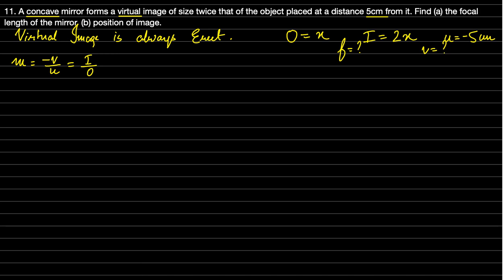The reason is magnification is not required. The question did not ask magnification. Surprisingly, none of the questions of the exercise have asked us magnification, but there are many questions wherein we had to use the magnification formula.